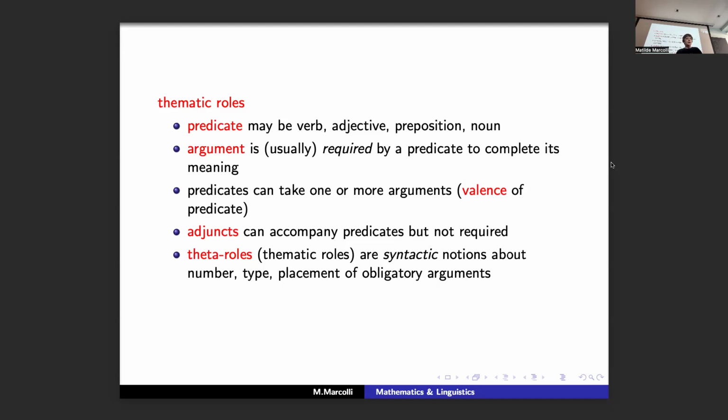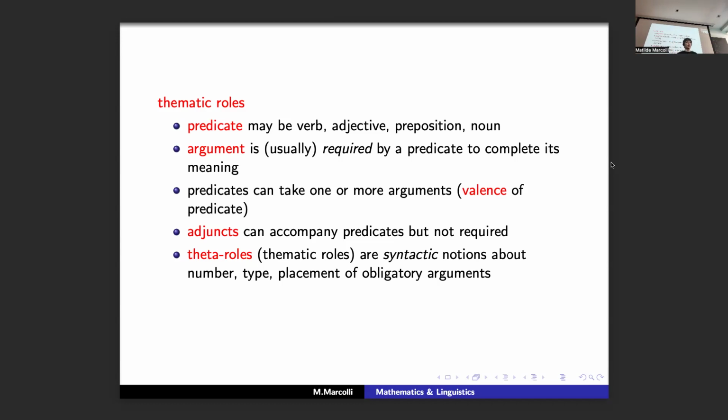And again, there's a distinction. It's in a sense the same idea that we had for this phrase structure, that there are things that necessarily have to combine, and there are things that are optional. In this theta theory sense, the predicate and its arguments are the things that mandatorily have to combine together.